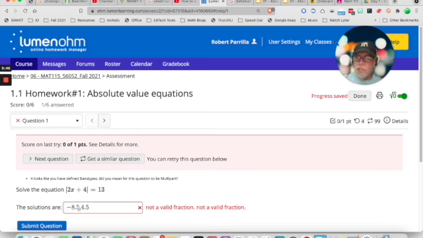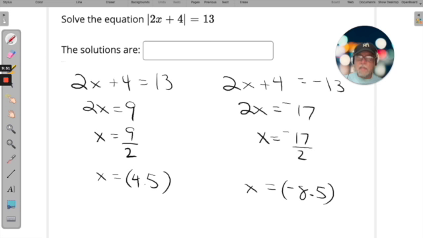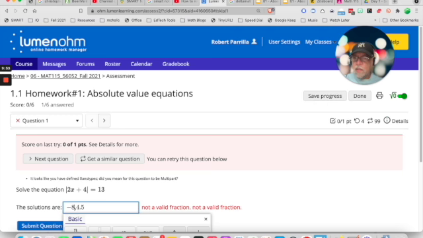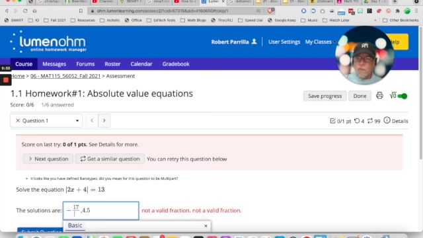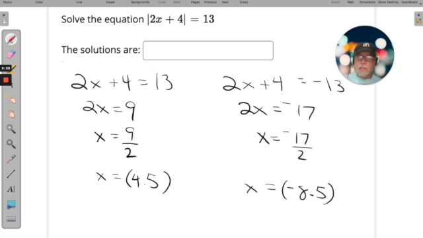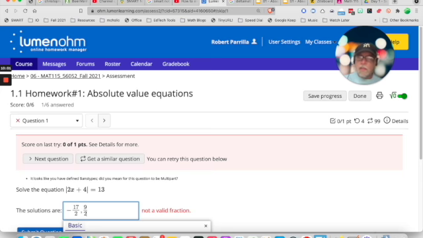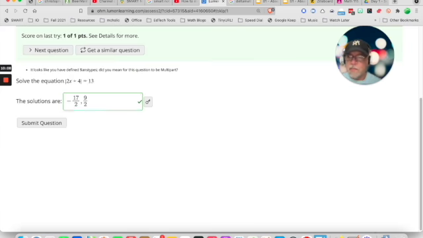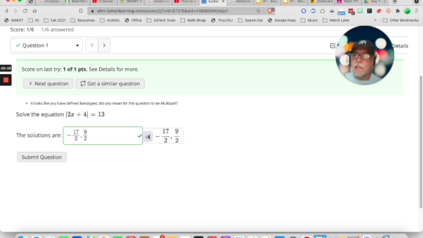So let me change that up. Negative 17 over 2 and positive 9 over 2. You have to be careful because it'll say it wants fractions. It didn't say it here, but I guess it wants it, so we're putting it that way. We got the answer right. These are the answers that it wanted anyway. If we have it in the right order, everything's good.